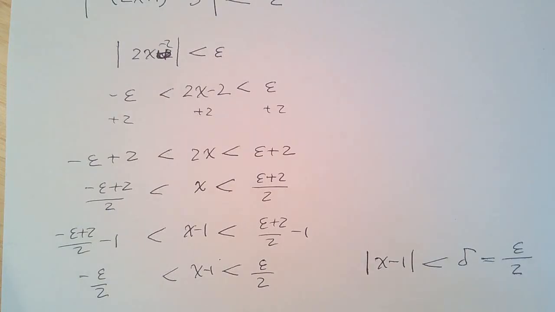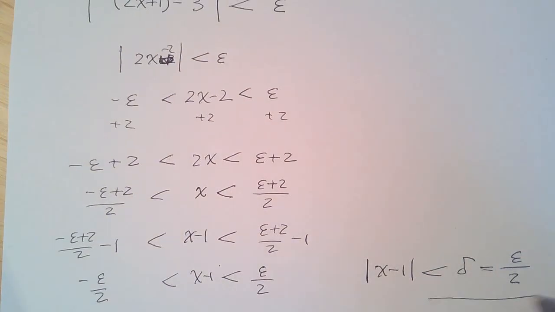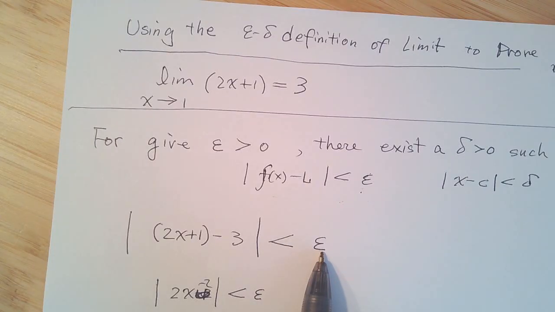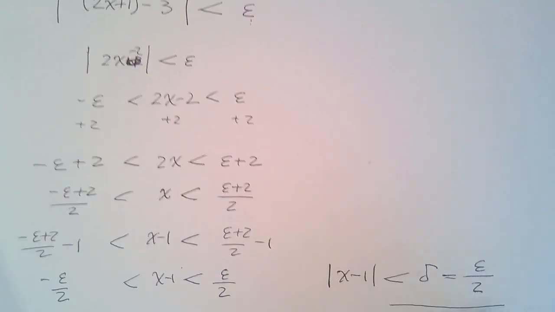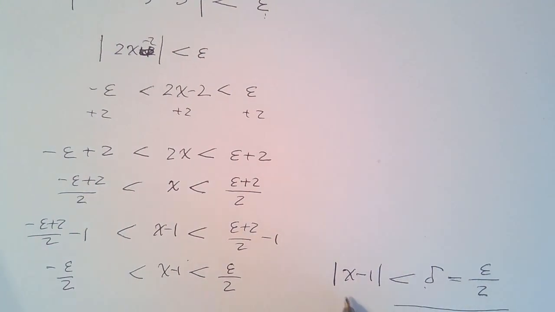So we are using the definition: for each given epsilon, the function value is within epsilon of the limit. We can always find a delta such that x is around c plus or minus delta.